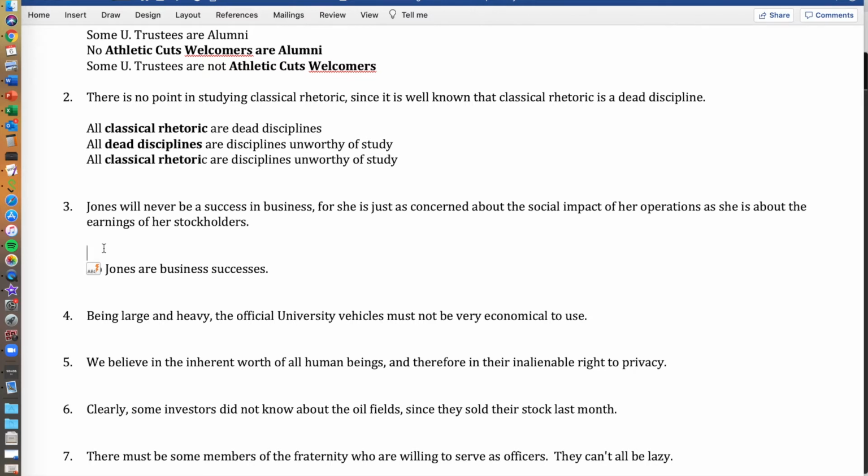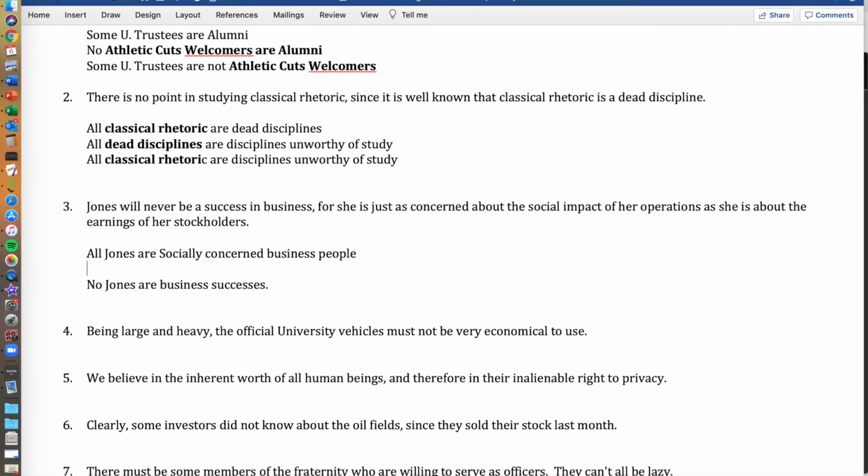And so we would say all Jones are socially concerned business people as the given premise, a universal affirmative, for she is, right? So we have an affirmative statement. So all Jones are socially concerned business people, therefore no Jones are business successes. But what's the missing premise?